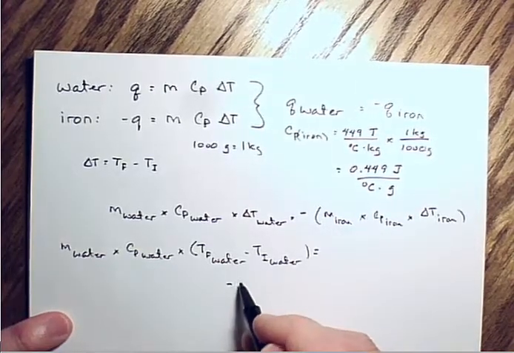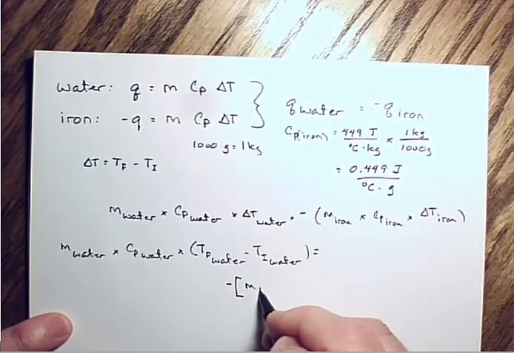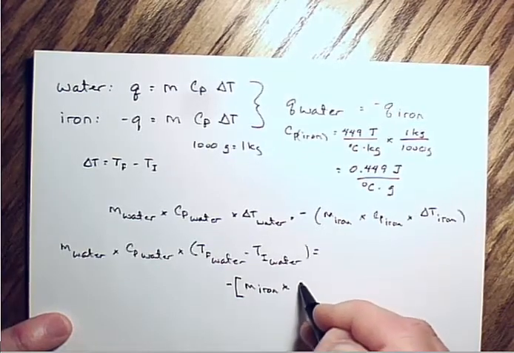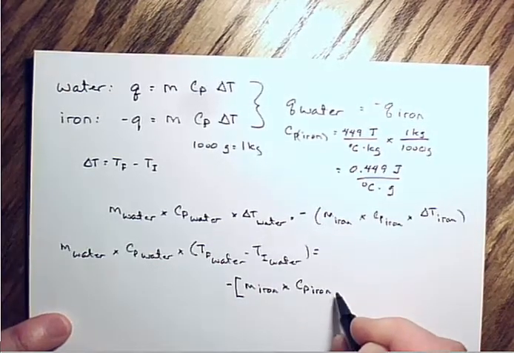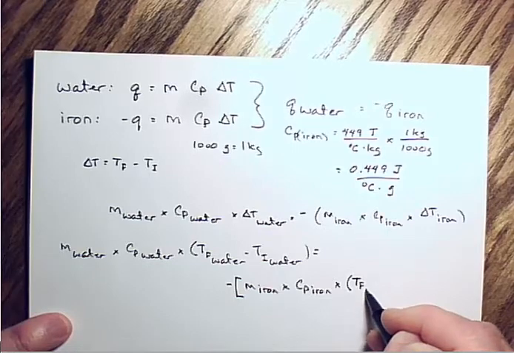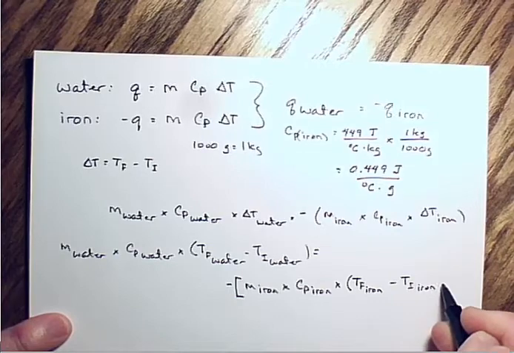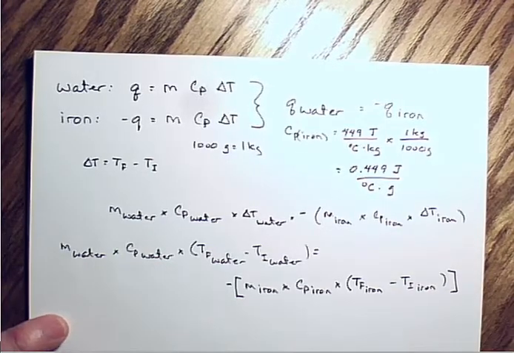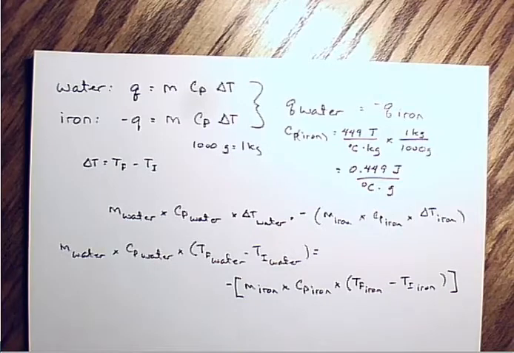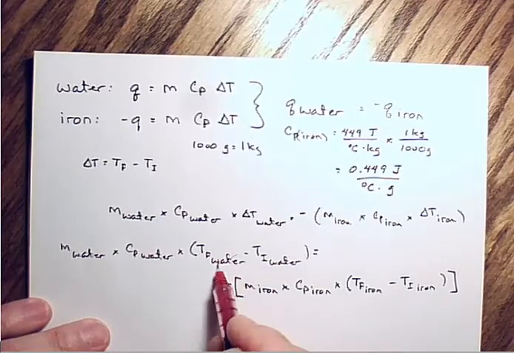Now that equals the inverse of the mass of the iron times specific heat for the iron times temperature final for the iron minus temperature initial for the iron. And since temperature final is the same for both when we get to the end of it, we really don't need to say temperature final for iron and water, because those are going to be the same number. Does that make sense?